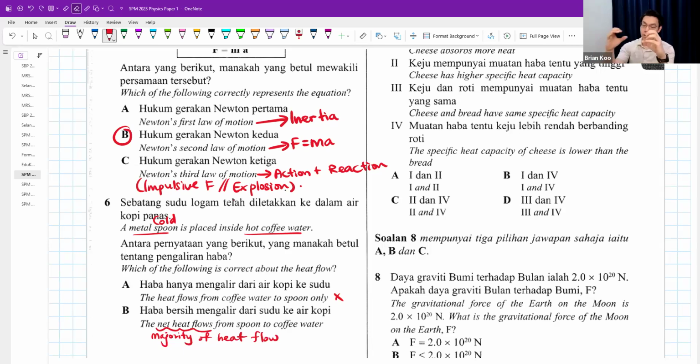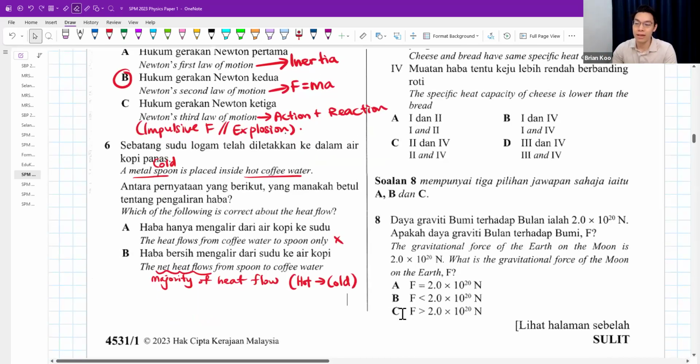You must remember, between two objects in thermal contact, spoon and coffee, heat will always transfer between the two. And the majority of the heat flow is always from the hotter to the colder object. There's a lot of heat flow from hot to cold and less heat flow from cold to hot.